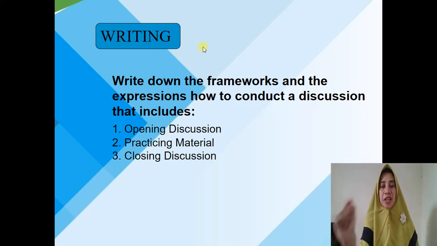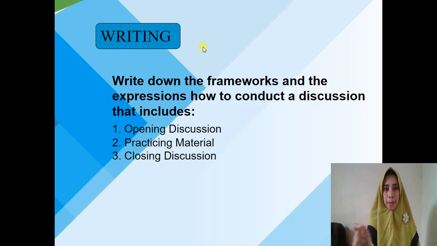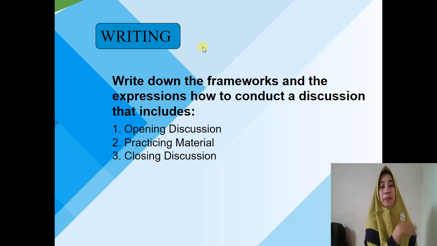In opening discussions, what are the expressions? You may write down the frameworks and expressions, including opening discussions, practicing discussions, and closing discussions based on my explanation before. Did you understand what I mean?